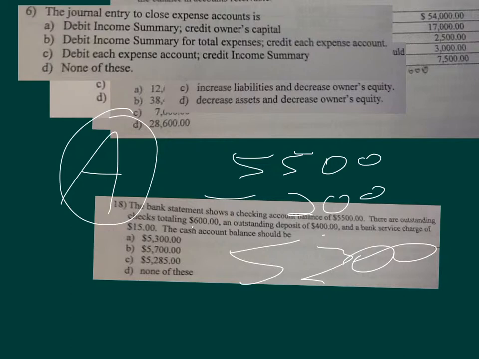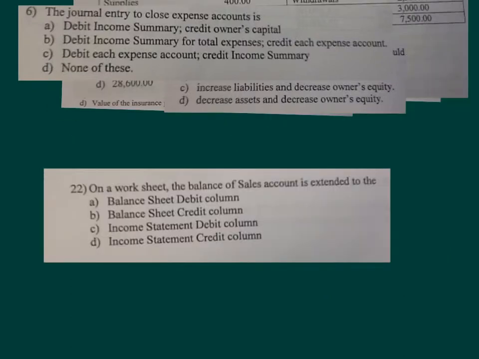Okay, continue on. So our next thing that I did wrong was 22, and on the worksheet, the balance of sales is extended to, and I said C, which is wrong. I said income statement debit column, which is wrong.